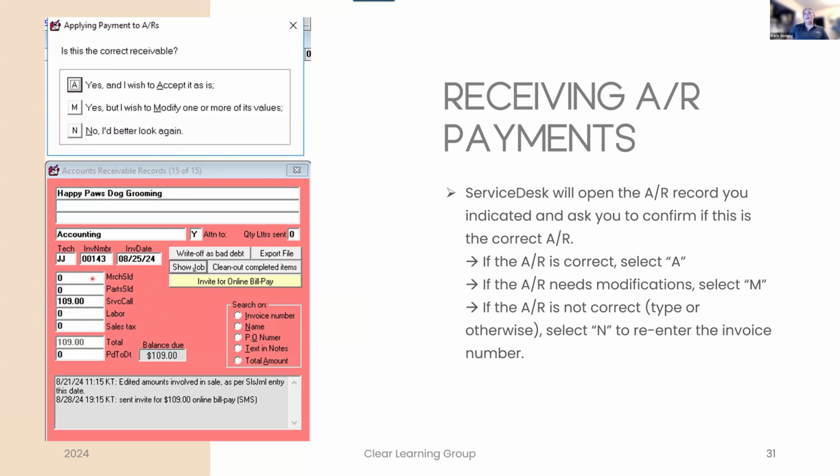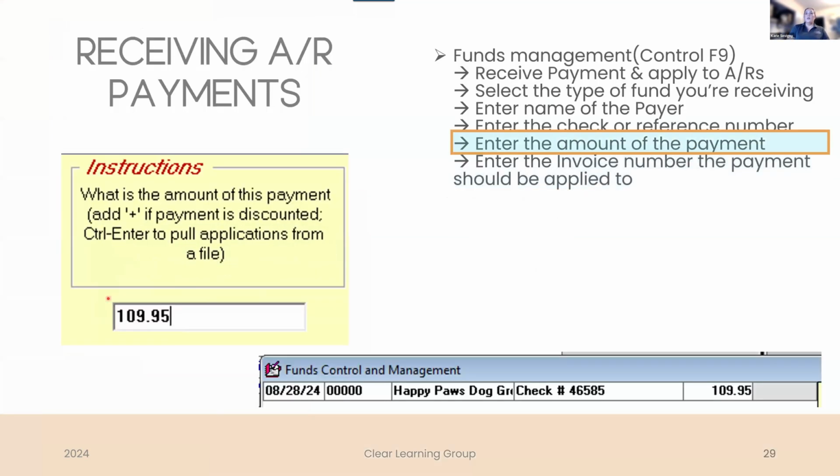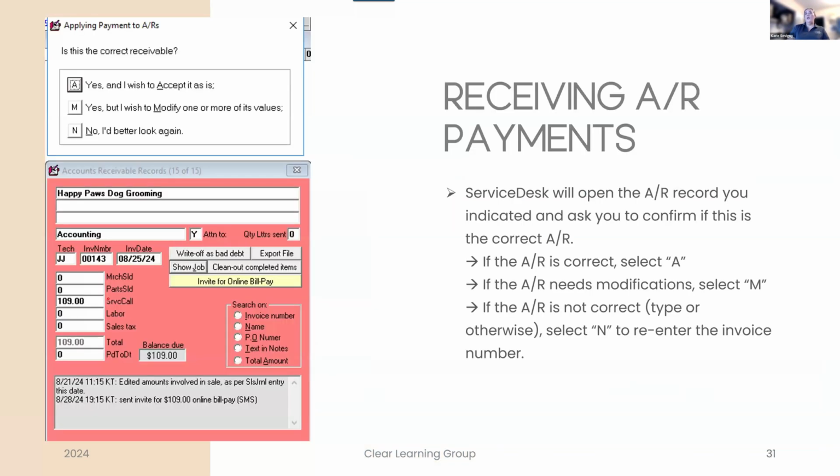And then ServiceDesk would make an entry into our sales journal. So into that Shift F3, it would make a corrective entry either to the positive or the negative, depending on how we adjusted this. For example, this check that the customer wrote us was for $109.95, although we only billed the customer for $109.